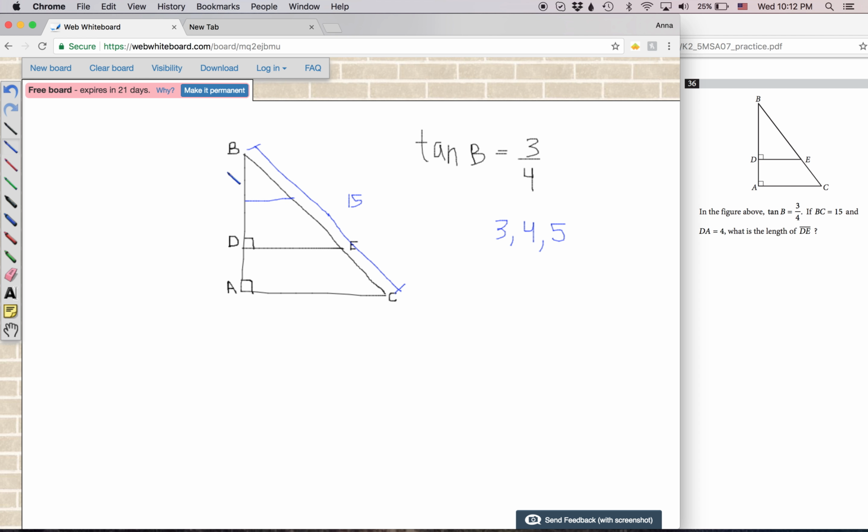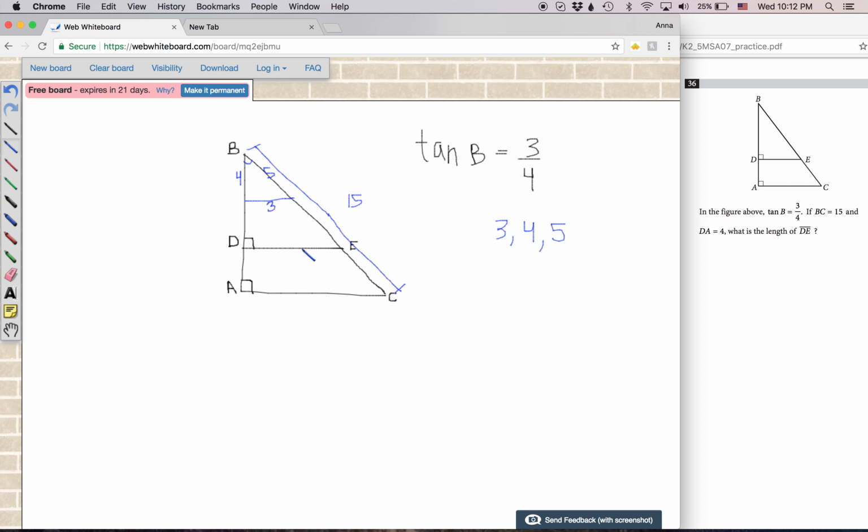And we know that on some planet, like this imaginary triangle here, B opposite is going to be 3, adjacent is going to be 4, hypotenuse is going to be 5. So not necessarily this one's, of course, certainly not down here on DE because they tell us we're solving for DE.